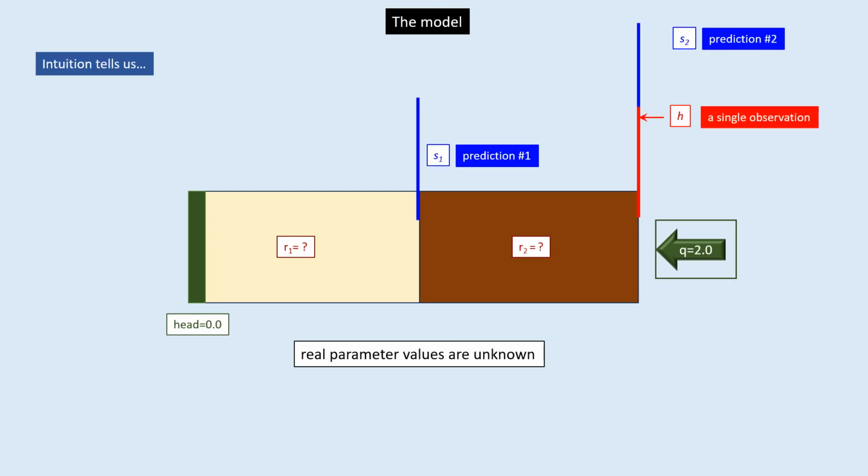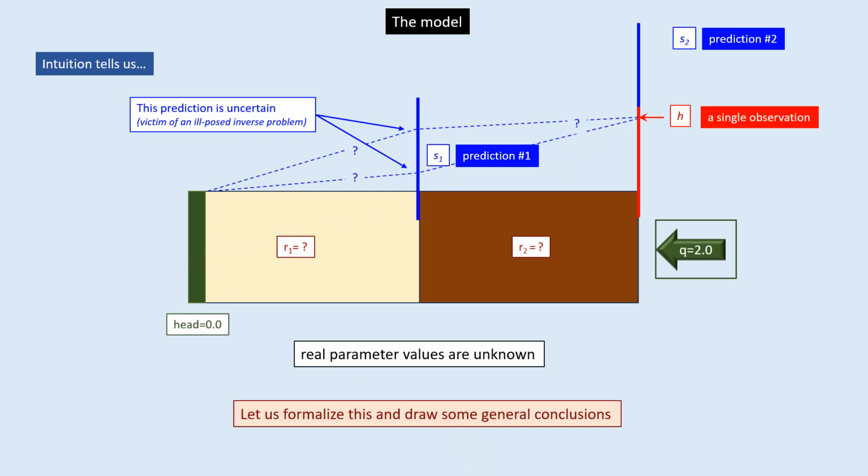Now, intuition tells us that there's something fundamentally different between these two predictions. Intuition tells us that if we have a single head observation here, we're not going to be able to say what the value of the head is somewhere between the right-hand end of the system and the left-hand end of the system. There are quite a number of values that this head may take, and they will depend on the values for R1 and R2, which we don't know.